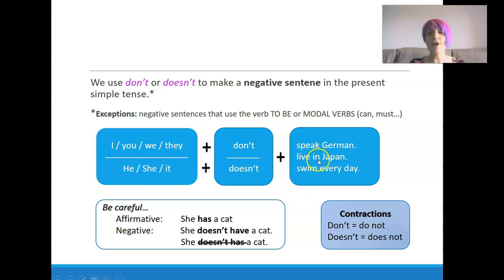And then the verb in infinitive, the base form of the verb. For example, I don't speak German, but she doesn't live in Japan, right? Notice that the S is in the auxiliary, so we don't need it in the verb, okay?